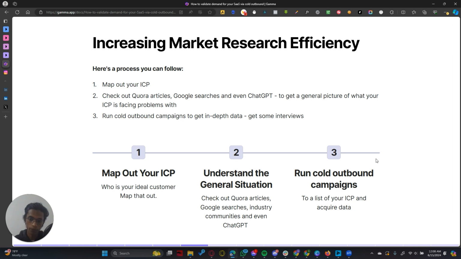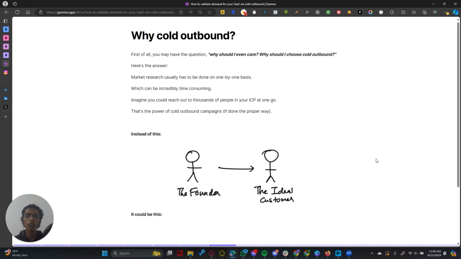Now, first of all, you may have the question, why should I even care? Why should I choose cold outbound? Here's the answer. Market research usually has to be done on a one-by-one basis, which can be incredibly time-consuming. Imagine if you could reach out to thousands of people in your ideal customer profile at one go.